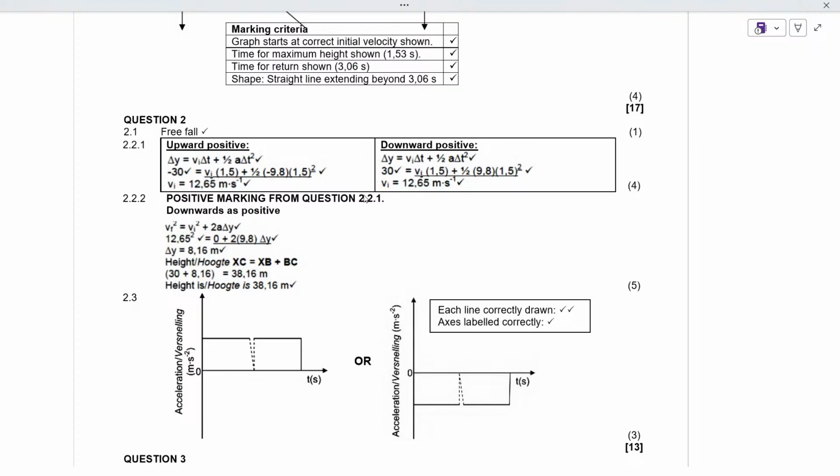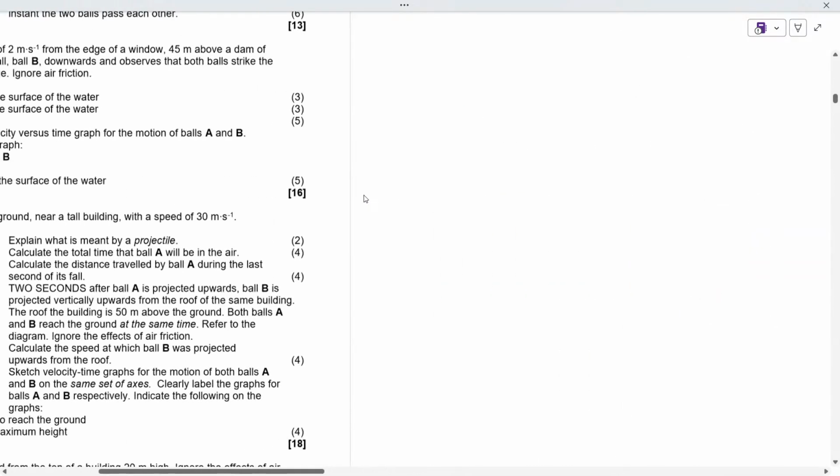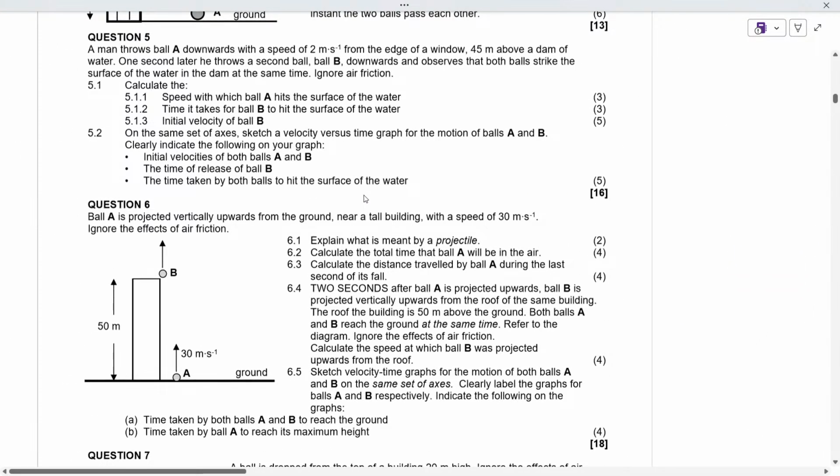Okay. Is there anything else that you want us to do, maybe in the same topic or another topic? In this topic, vertical projectiles, the difficult part was the graphs, guys.